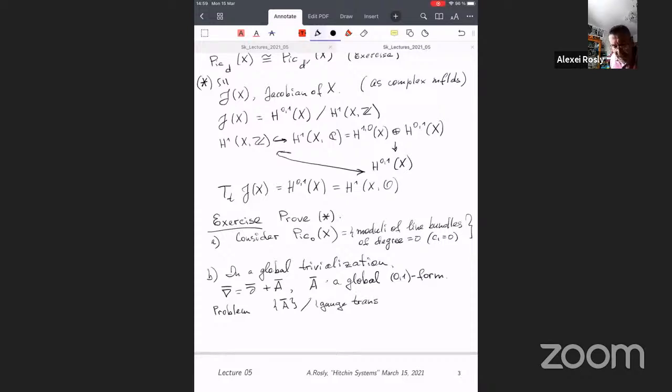Of course, I mean d-bar gauge transformations. The condition of zero curvature is trivial because the complex dimension is equal to 1.